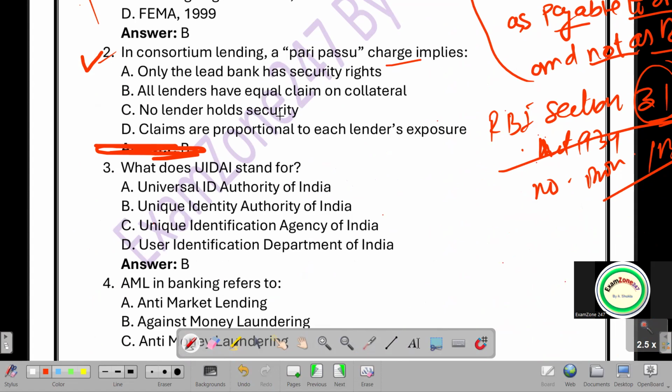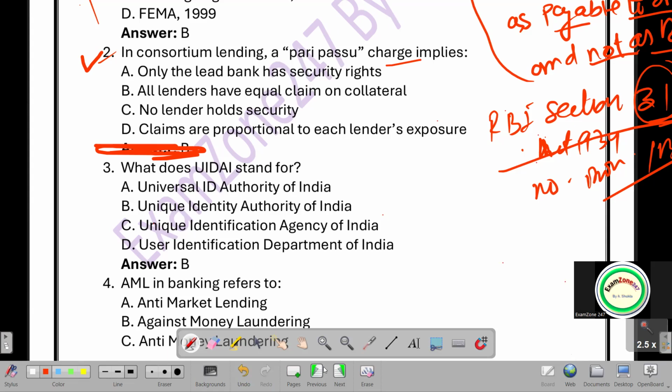See, in the second question, what is the answer? What does the pari passu charge mean? Pari passu charge means whatever the share of... Yes, option D is correct.